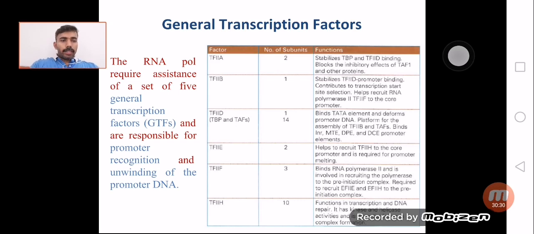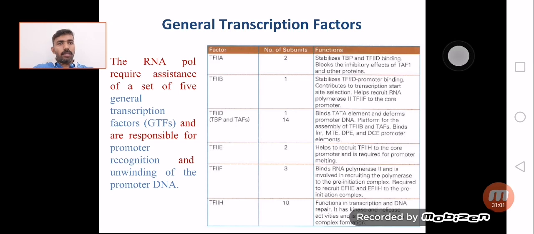Now we are moving into the next component, called the general transcription factors. In a eukaryotic system, the RNA polymerase enzyme requires the assistance of a set of usually 5 or 6 different general transcription factors, which are responsible for promoter recognition, and second, unwinding or opening of the duplex DNA at the promoter site.